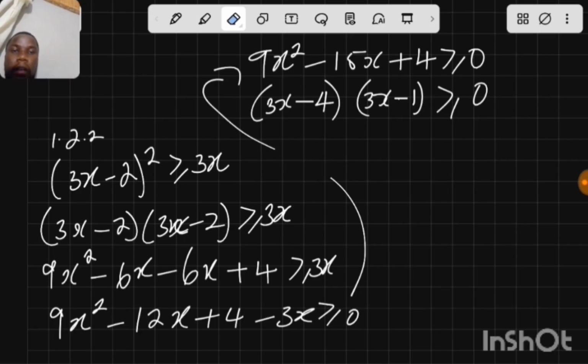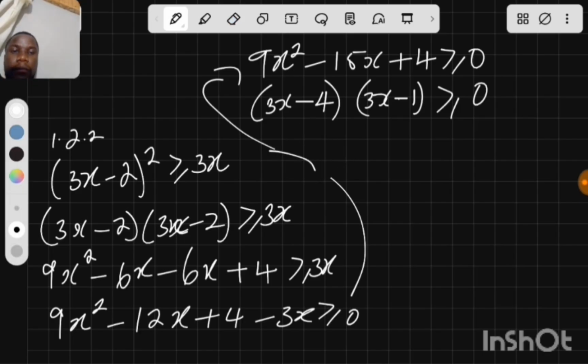We're going to have 3x times this one, which is 9x squared. Then this one and that one gives me negative 3x, which is minus 3x minus 12x, which is minus 15x.